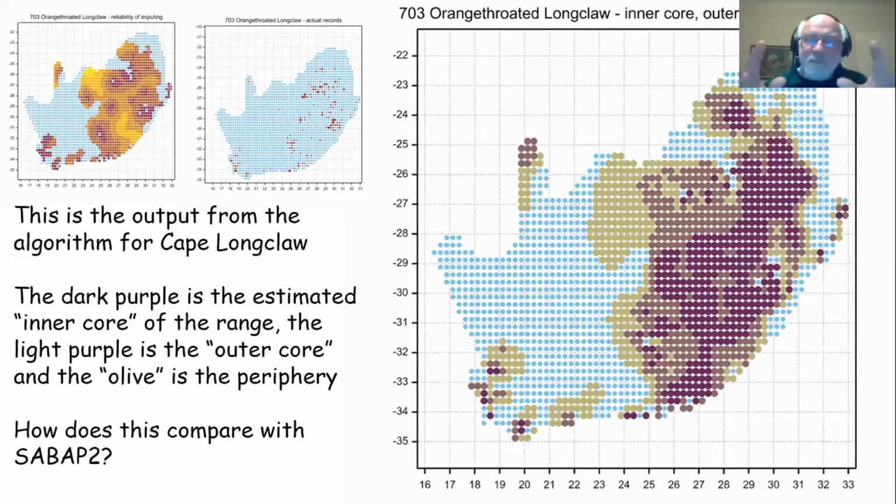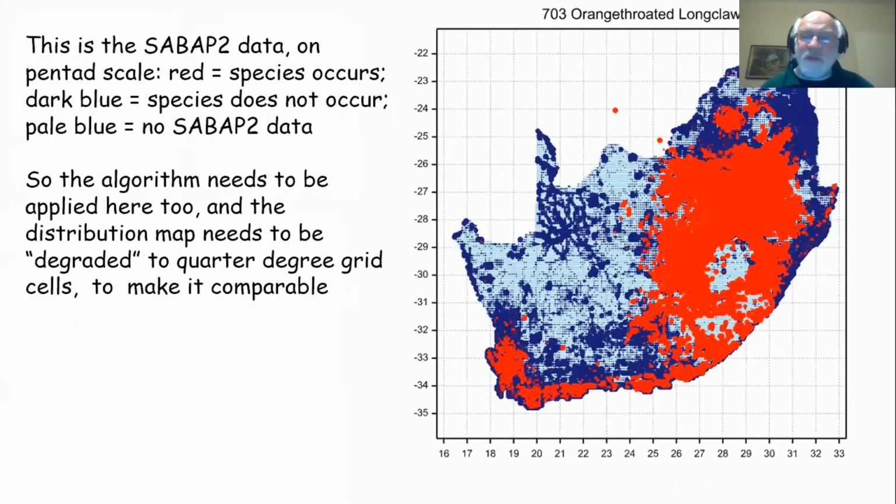And the birds are the only thing that we actually have the definitive distribution maps for, from the Bird Atlas project, but almost definitive distribution maps, because when you get to the Bird Atlas data, it looks like this. So this is Bird Atlas data for the orange-throated longclaw.